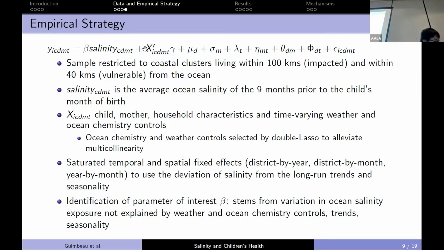Then we have a bunch of controls on weather and ocean chemistry, and we also have household and children controls as well. We accompany that with a host of fixed effects, essentially a saturated fixed effect at the district level, at the year level, and then interactions between district by year level.